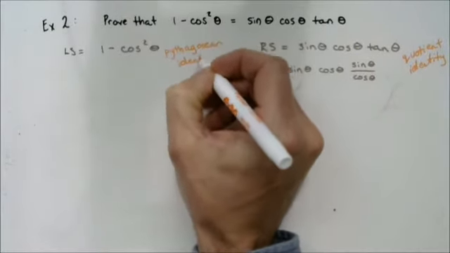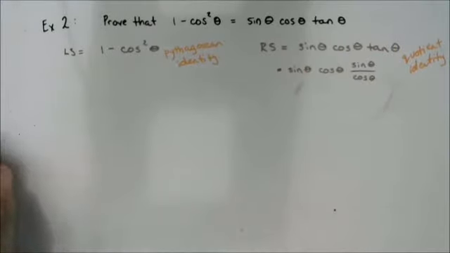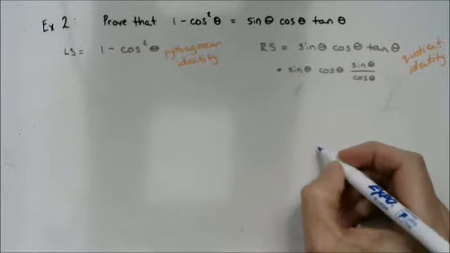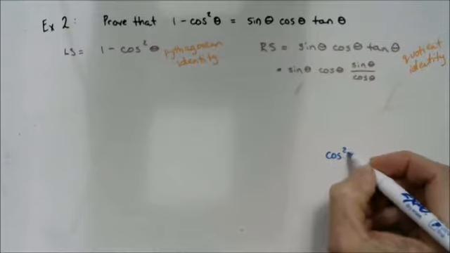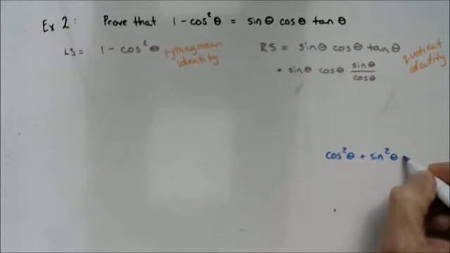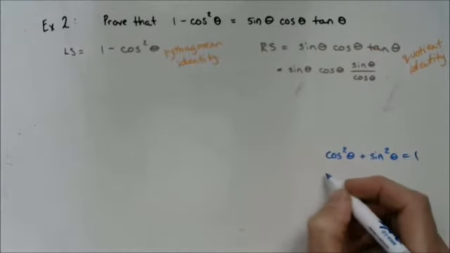Now, if you still don't see it, you're going to want to go back to your first page and take a look at that identity, and maybe even rewrite the identity using two other forms, because if the cosine squared plus the sine squared is equal to 1, well, what if I subtracted sine squared from both sides?